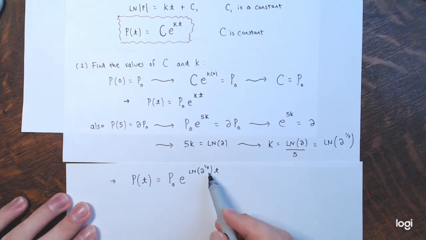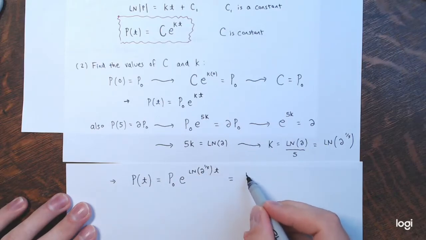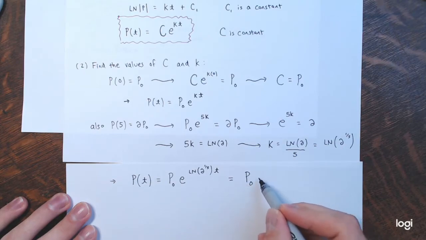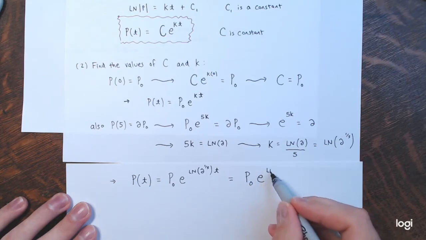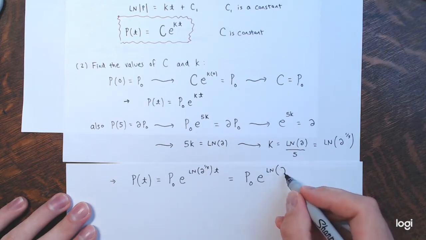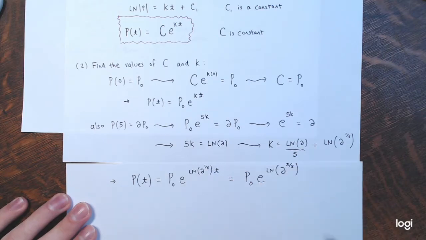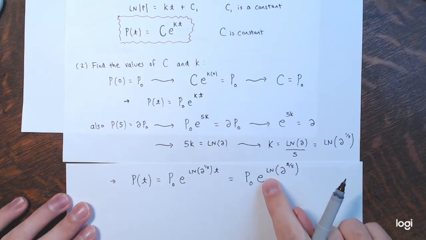But I can see a way to simplify this as well. Again, using properties of logarithms, this is p sub 0 times e to the natural log of 2 to the t over 5 power, putting the t as an exponent inside the logarithm. And then e to the natural log of something undo one another.